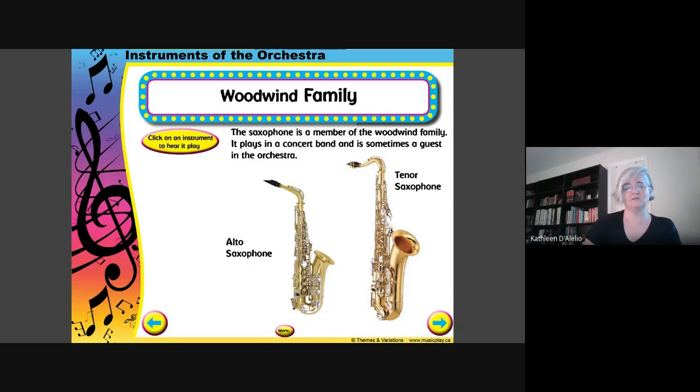Make a guess. All right, let's see if you're right. Here's the alto. And here's the tenor. So the tenor is bigger. Some of its notes are lower.